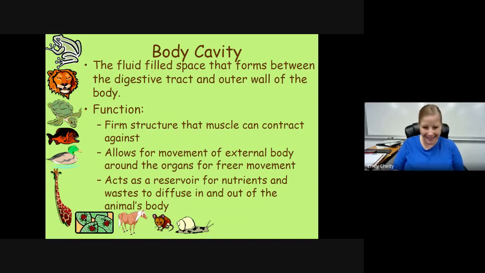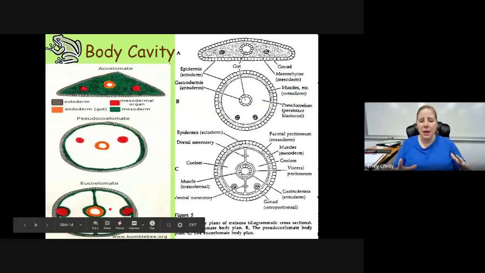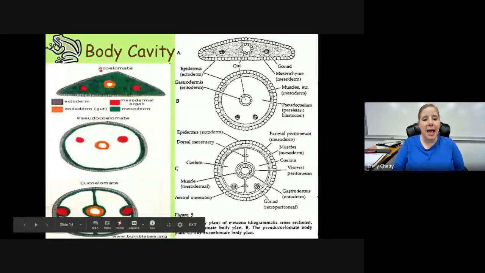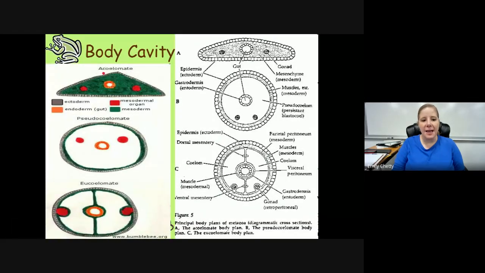Okay. Good? All right, so there are three kinds of having a body cavity or not having one. The top one is acoelomate. Whenever you see a-, in front of anything, it probably means without. So an acoelomate is an animal without a body cavity.